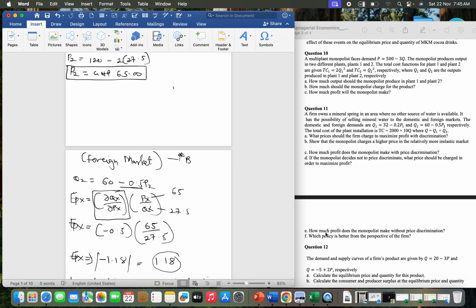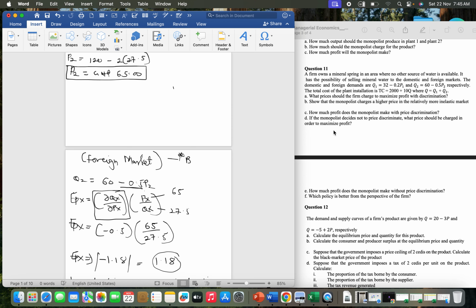The C question: how much profit does the monopolist make with discrimination? How much profit does the monopolist make with price discrimination? Remember, the A part we solved was with discrimination.